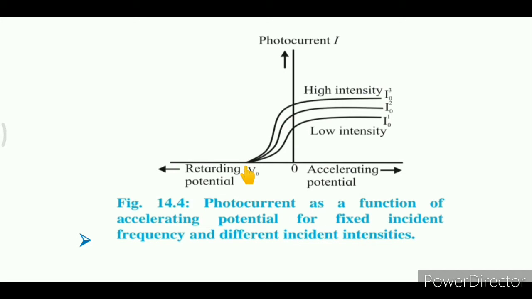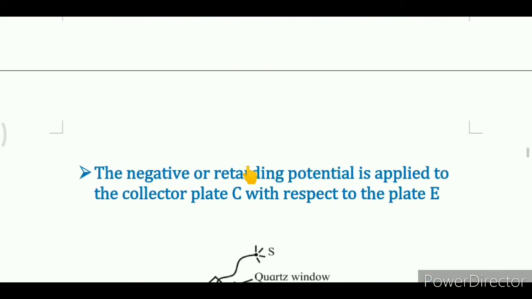The photoelectric current decreases, and for a certain value, written as minus V naught, this is a particular value of the retarding potential at which the photoelectric current becomes zero, and this potential V naught is termed the cutoff or stopping potential.